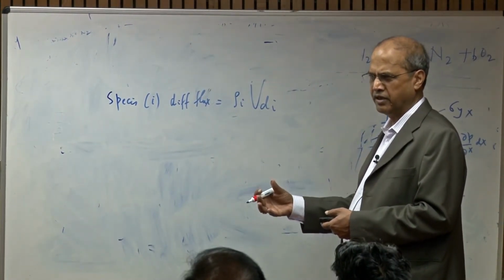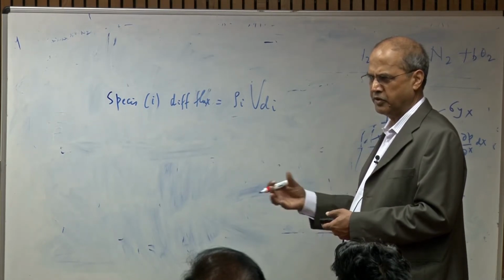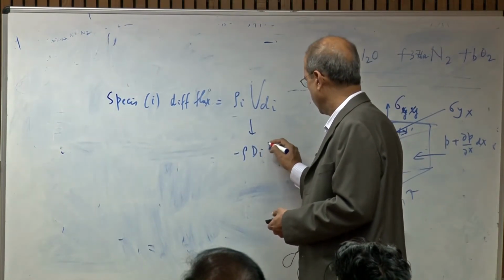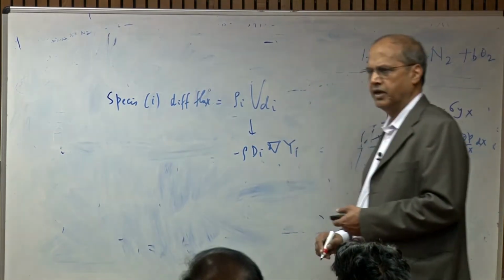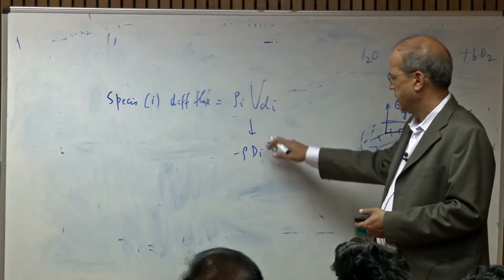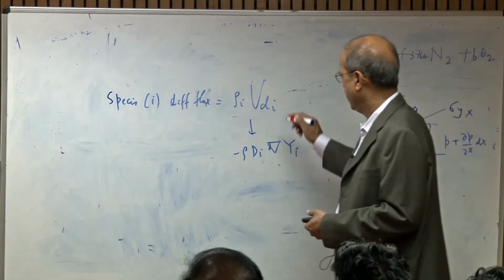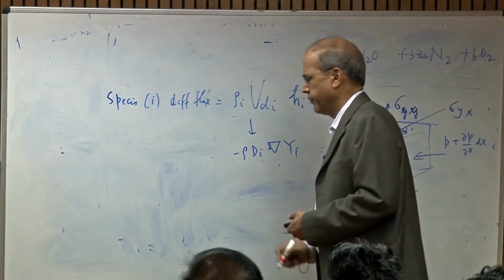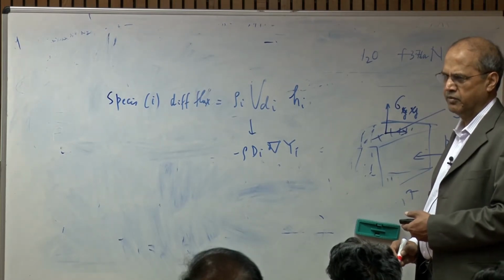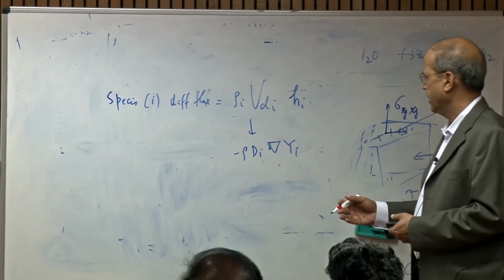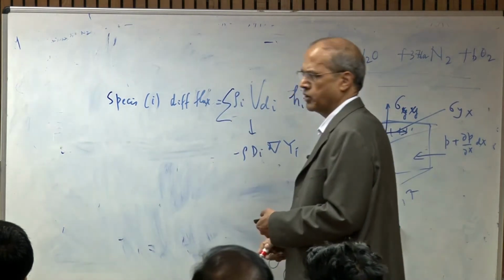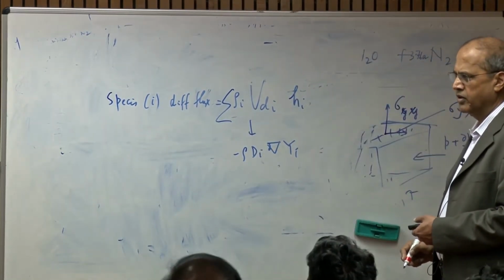The gradient in the species concentration, species mole fraction, right? Because we write this as minus rho D_i grad Y_i. So this is due to the species gradient. When there is a species gradient, there is a species diffusion flux, and this will also give you the enthalpy flux or the heat flux, because the species are flowing due to the diffusion mechanism. So that's what this term is. And then of course you sum over all the species.